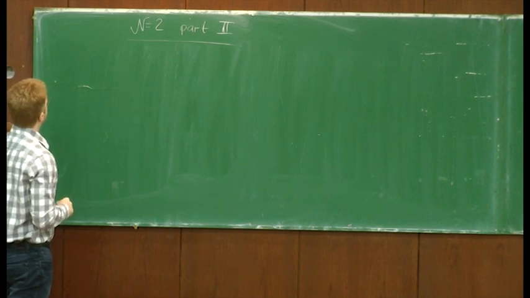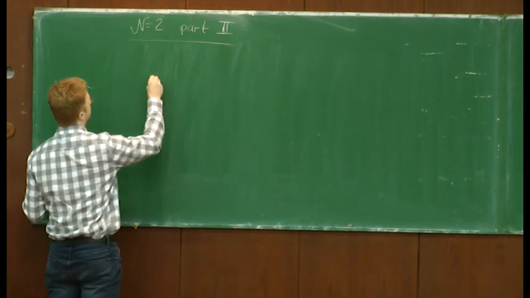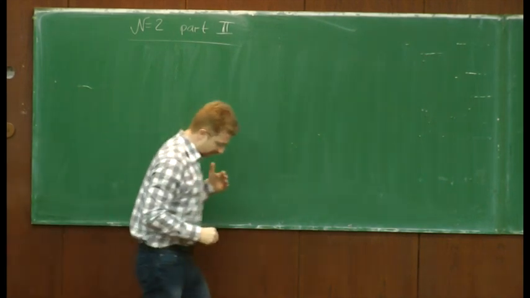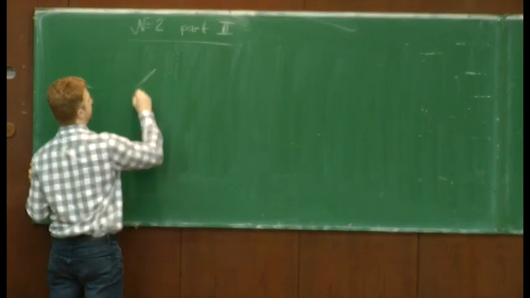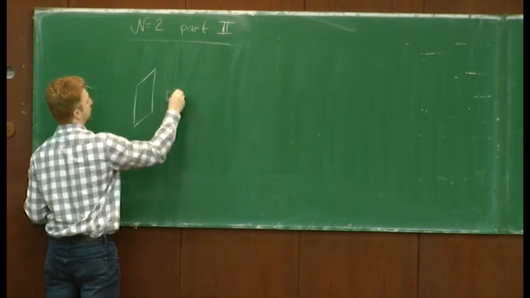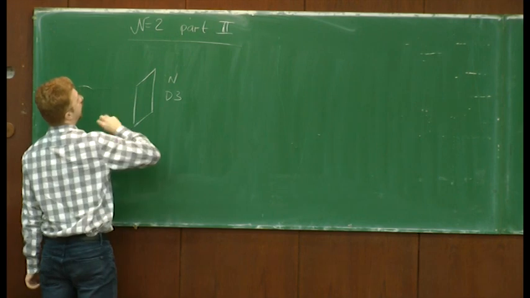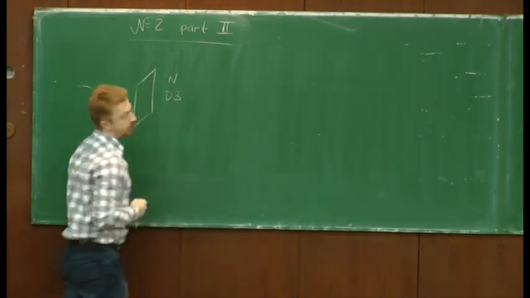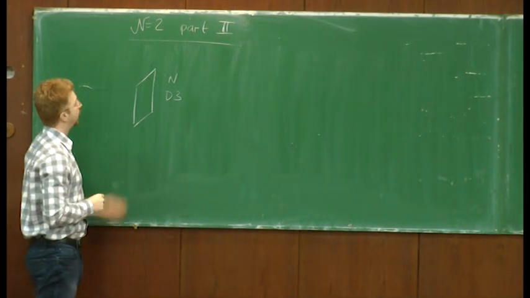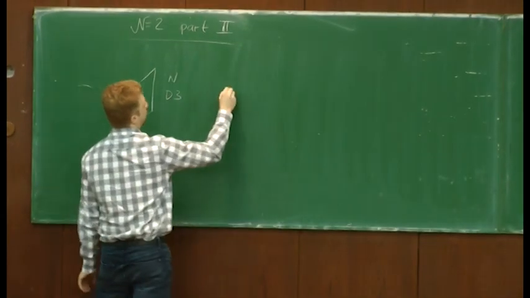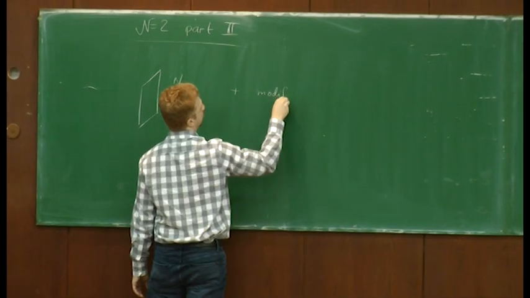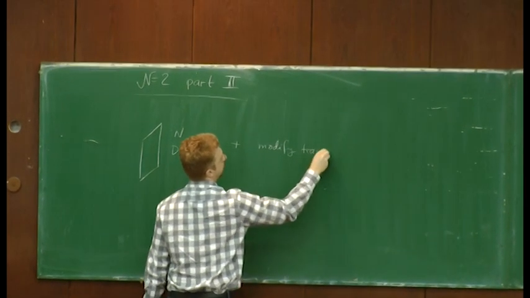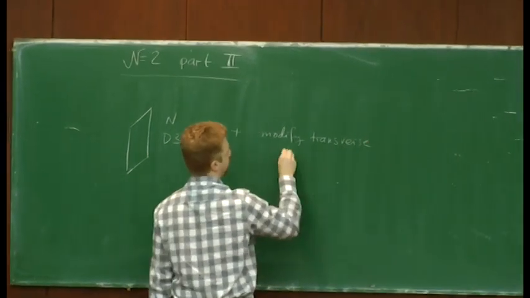So one option is, yesterday what we did, we started with the maximally supersymmetric situation where you had, let's say, ND3 branes, which normally gives rise to the maximally supersymmetric Yang-Mills theory, N=4. And then, well, modify the transverse geometry.